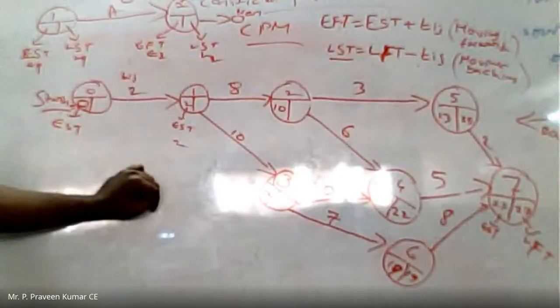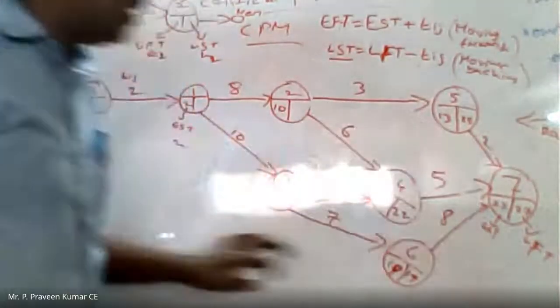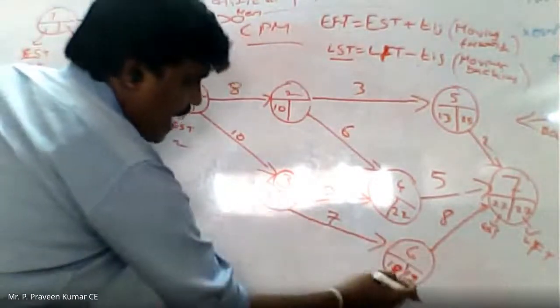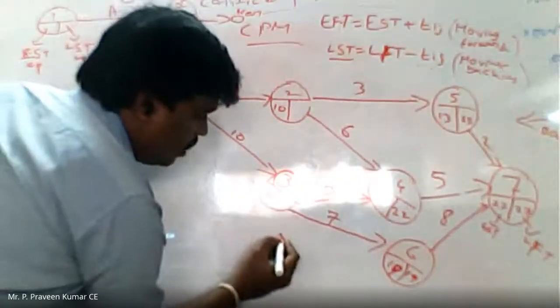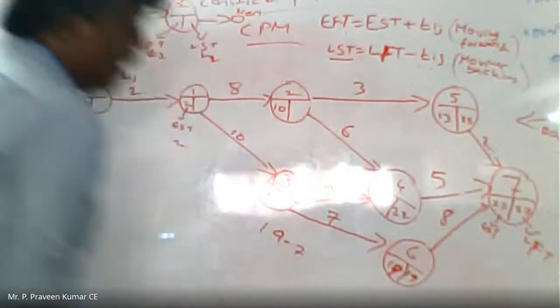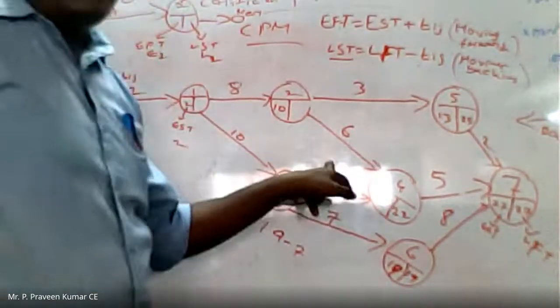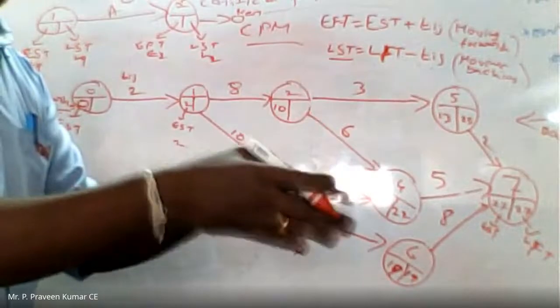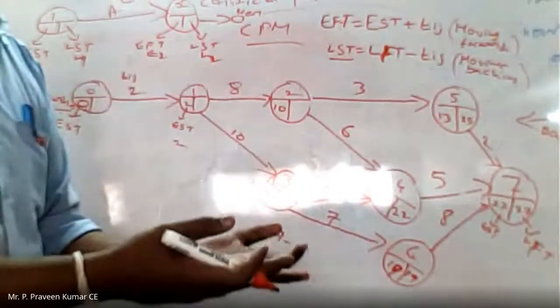Now these three activities are over. Now coming from here, 6 to 3: 19 minus 7 is 12. In the forward direction, I said when two activities are merging on the same node, we take the maximum value.